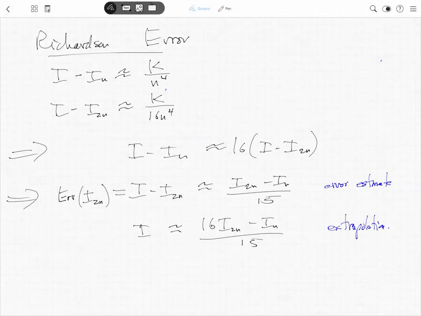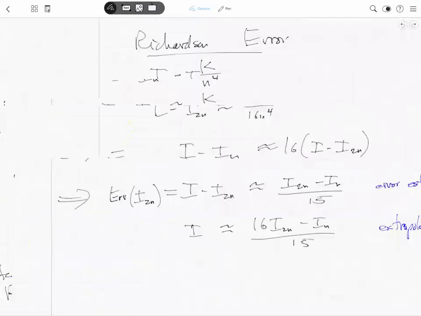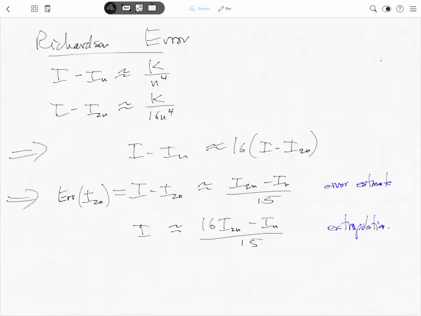Recalling that n is equal to (b minus a) over 2h, n is proportional to 1 over h, or in other words, h is proportional to 1 over n. So h to the fourth power becomes 1 over n to the fourth power. And k is just some constant of proportionality. So I minus I_n is equal to some k over n to the fourth.